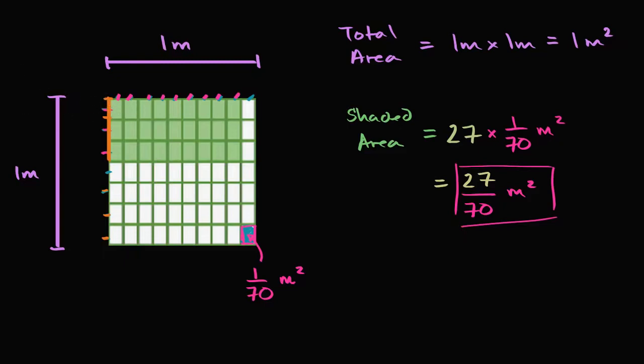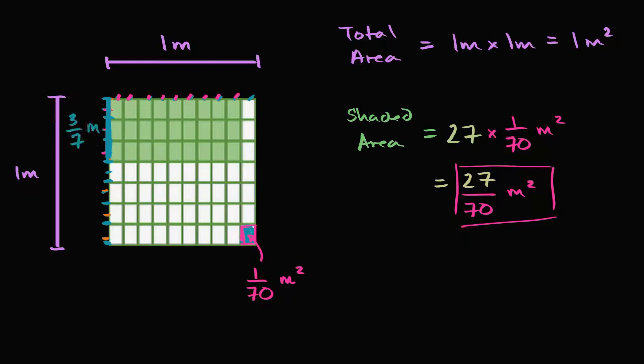We have 1, that's that right over there, 2, 3, 4, 5, 6, 7 equal sections that we've divided this 1 meter into. And the height of the shaded area is 3 of them. So this height right over here is 3/7 of the whole, and the whole is a meter. So it's 3/7 of a meter.